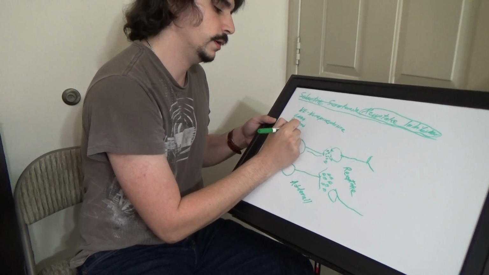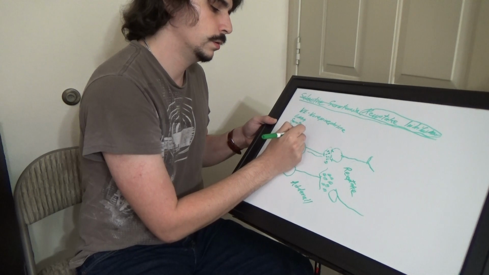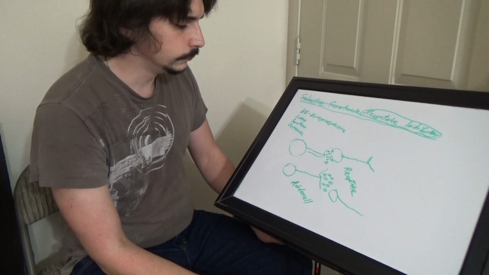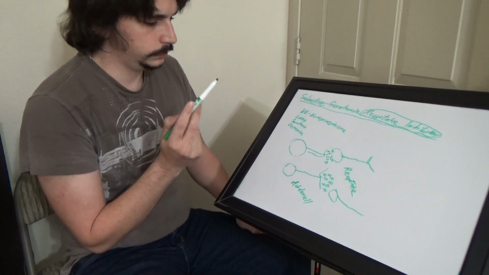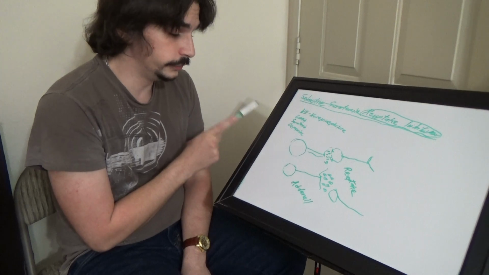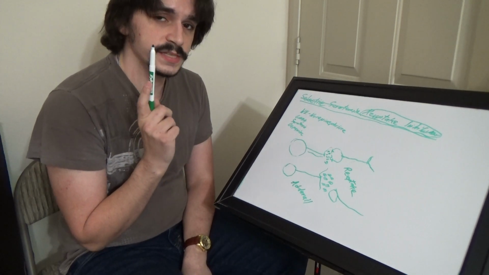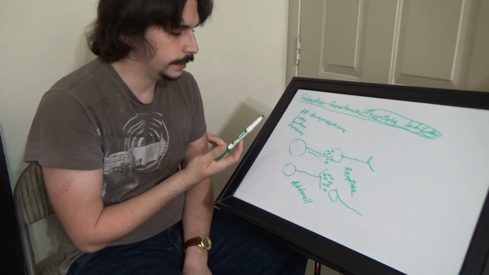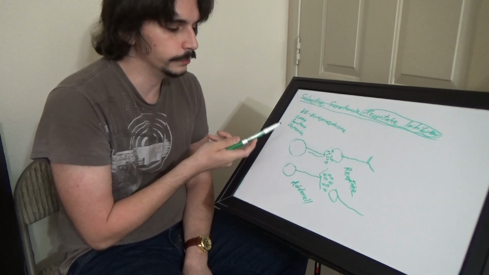Off the top of my head, these are the four major neurotransmitters that have specific transporters that reuptake these neurotransmitters.